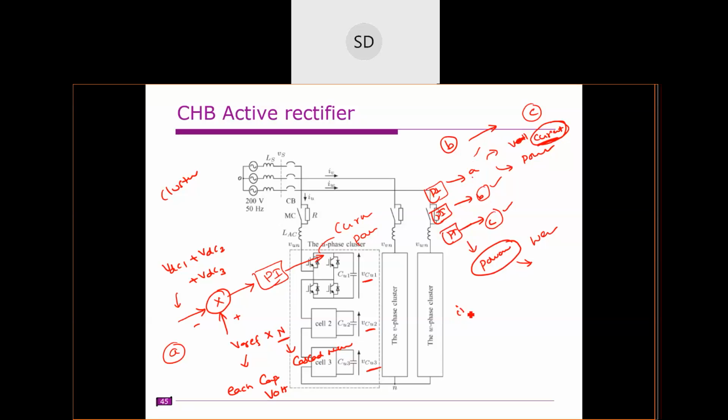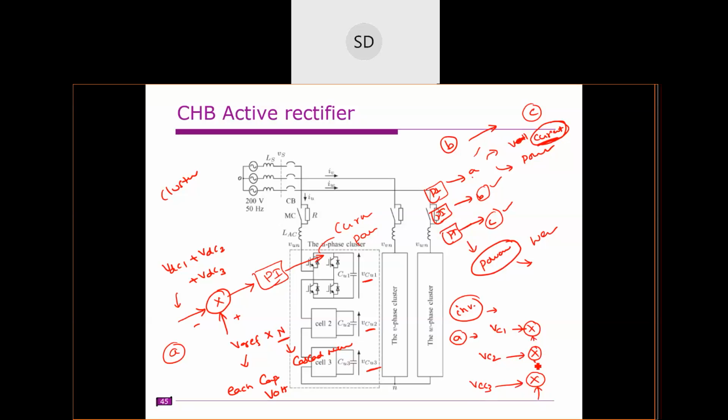Similarly, we have individual voltage balancing. In case of individual voltage balancing, if you consider A phase, VC1 is the A phase voltage, so this is the actual voltage. VC2 is the A phase, another one VC3.